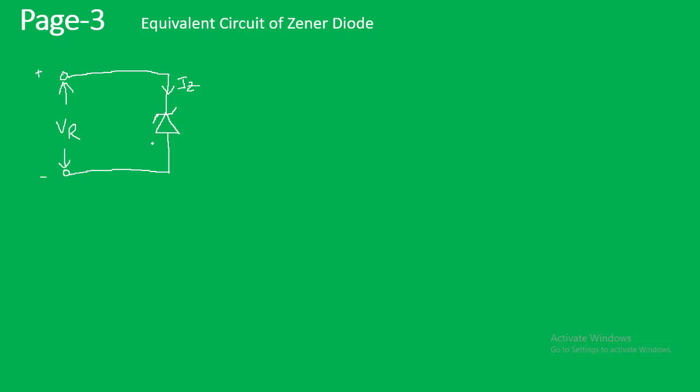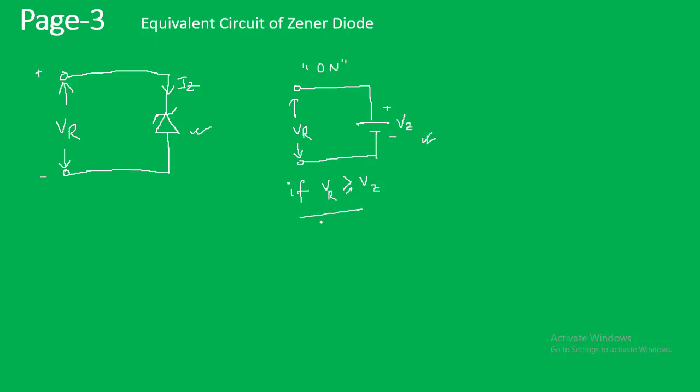So this Zener diode may be shown as a battery of voltage Vz with this polarity as shown here, and can be replaced by a battery of Vz in the equivalent circuit if Vr is greater than Vz, whereas the diode will be in the off condition, that means normal reverse bias condition, when Vr is less than Vz.